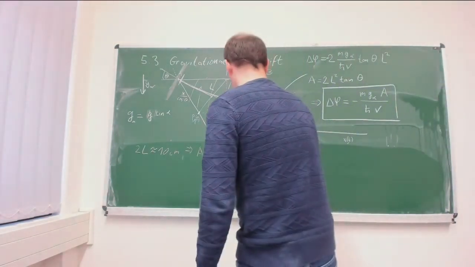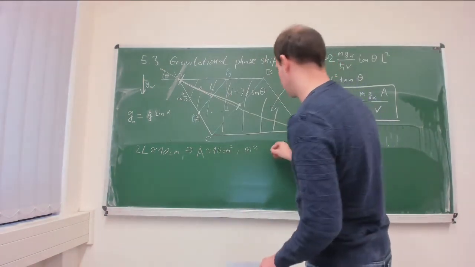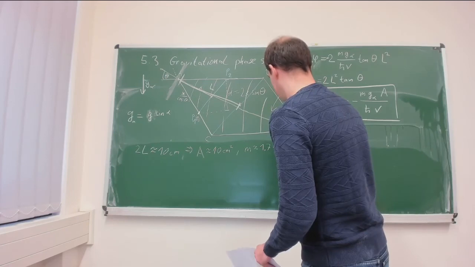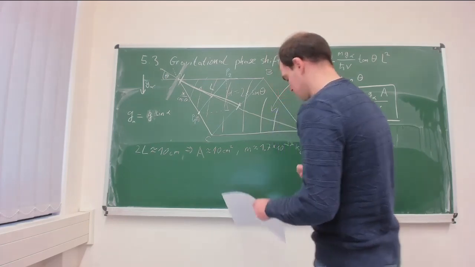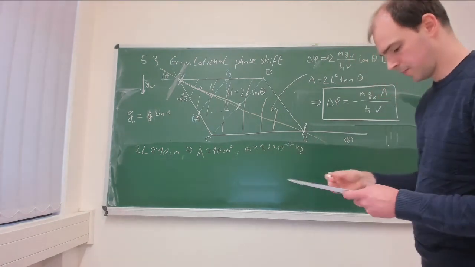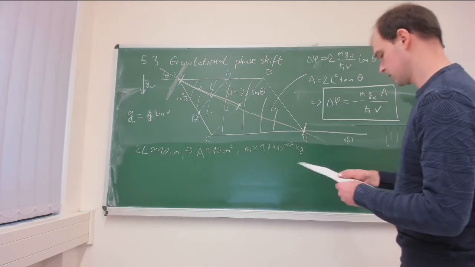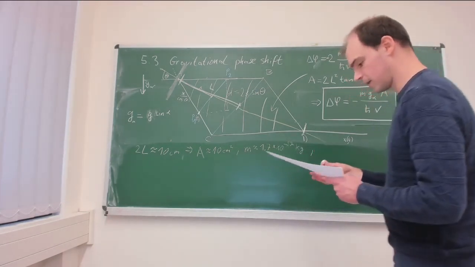We insert the neutron mass, which is roughly 1.7 times 10 to the minus 27 kilograms. You see that's a relatively small value, so it's a legitimate question if we will see anything.